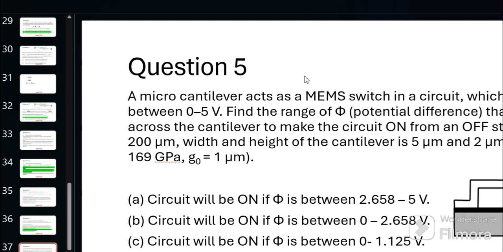The Young's modulus is 169 gigapascal, and the deflection is g naught, that is the gap between the two beams, is 1 micrometer.